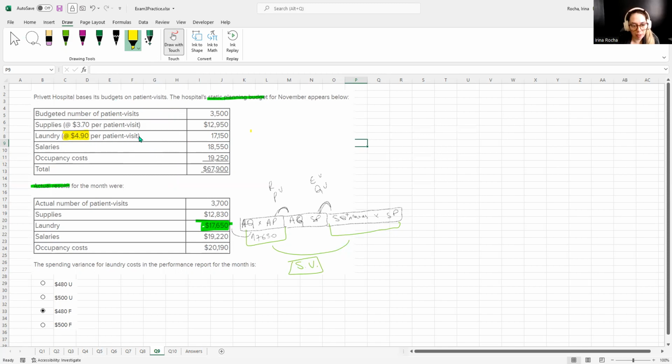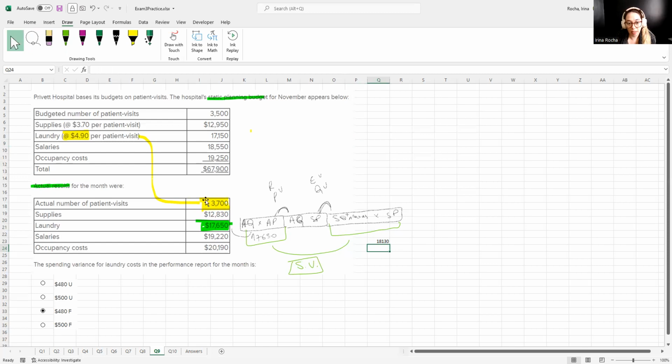I said we didn't have the actual quantity and actual price, but we do: the actual number of patient visits. So I do 4.9 times 3,700, which gets me 18,130.